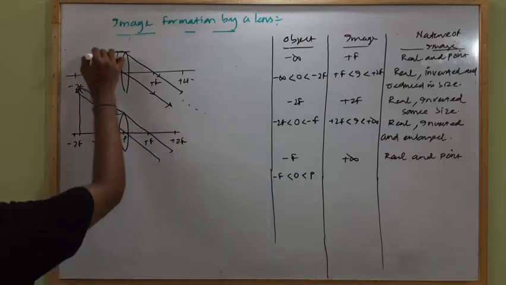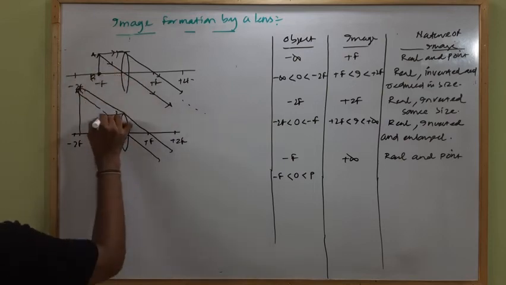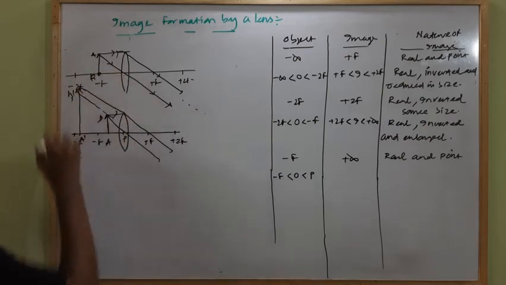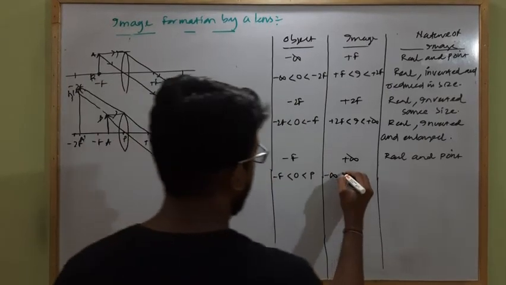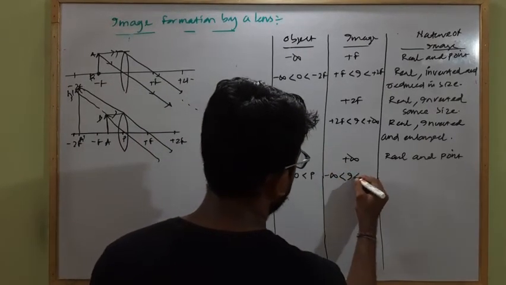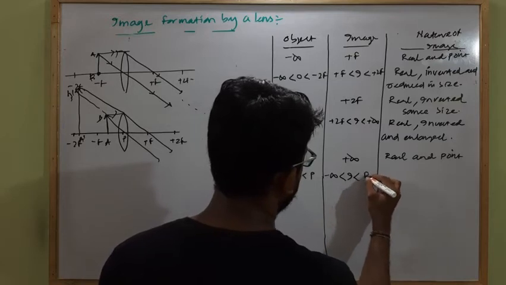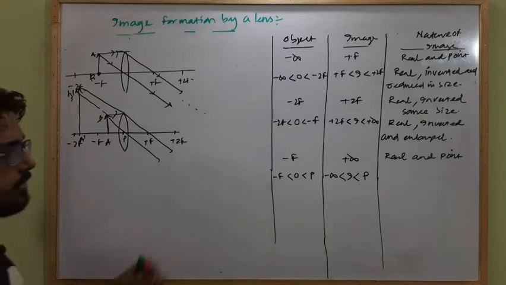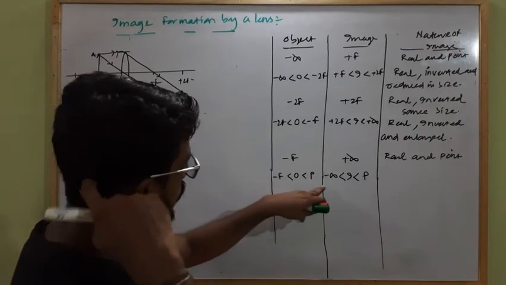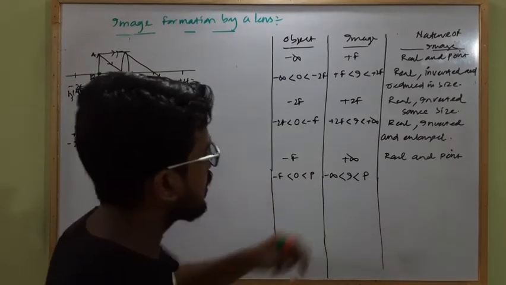If this is A, B, A dash, B dash, the image will lie between minus infinity and the pole. Clear? When the object travels from minus f to the pole, the image will travel from minus infinity to the pole.